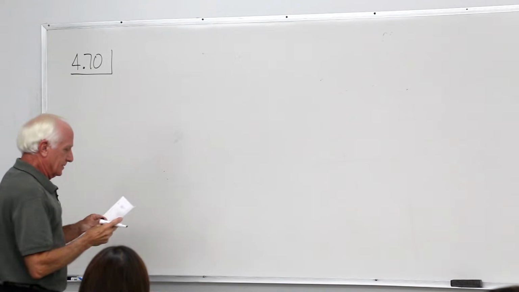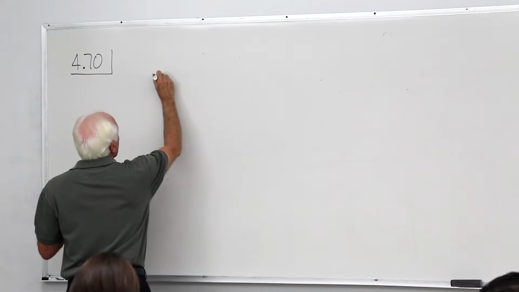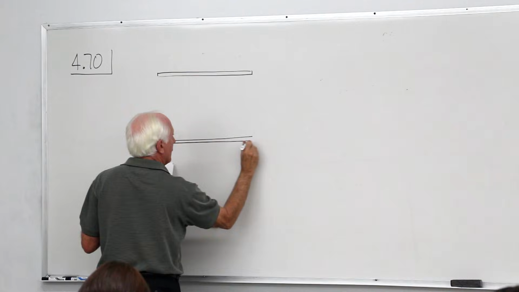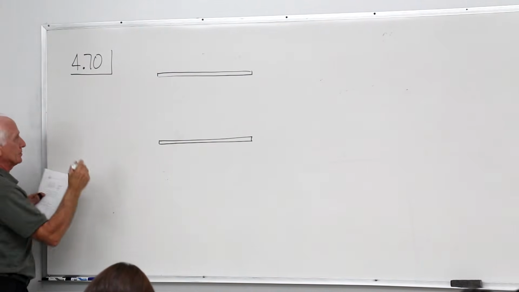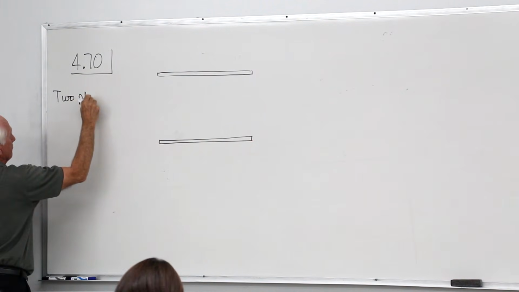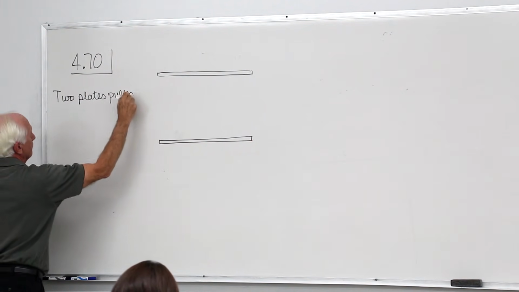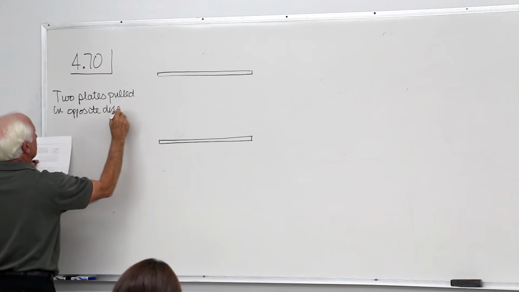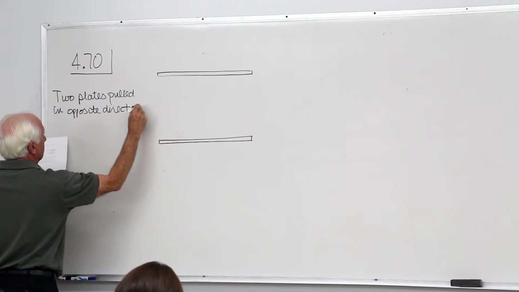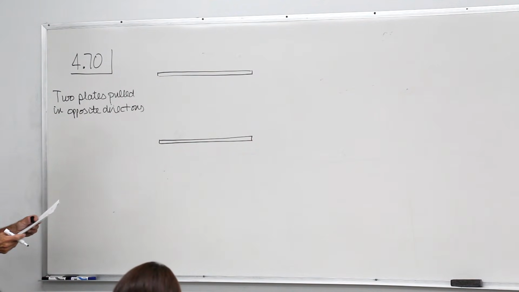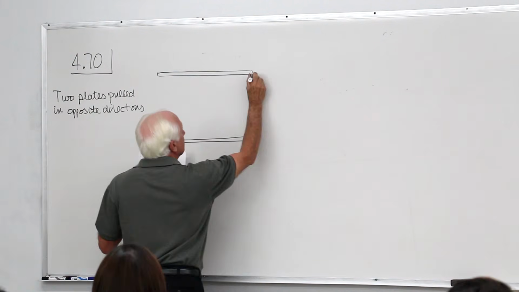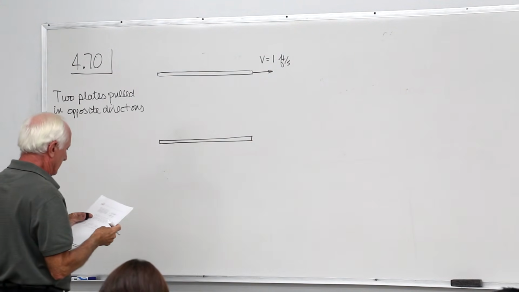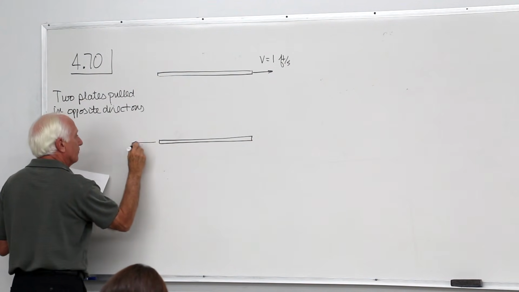Let me draw a picture first. Here's a picture given in the textbook. There are two plates pulled in opposite directions. The speed of the plates is 1 foot per second. So this plate is being pulled this way, velocity equal to 1 foot per second, and the other one is being pulled to the left at 1 foot per second.